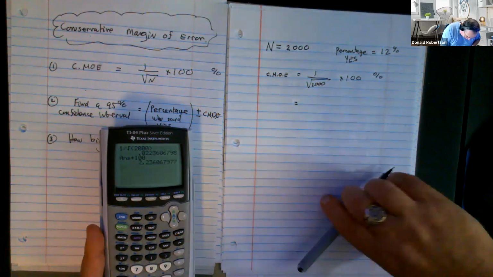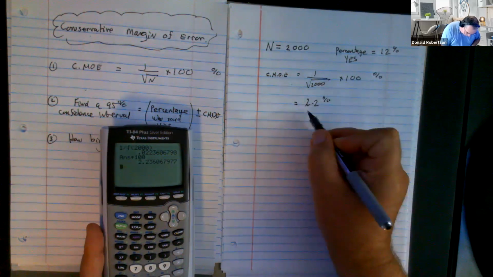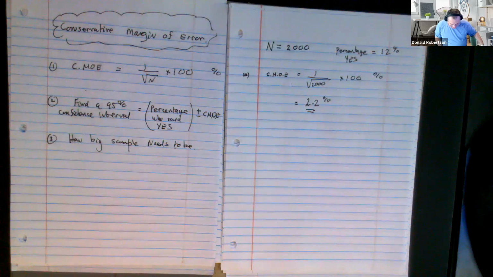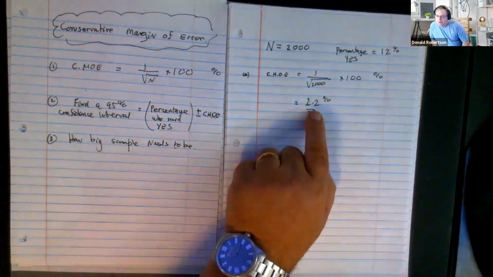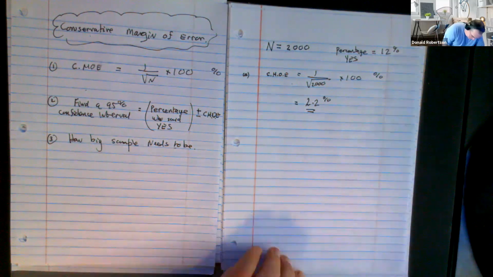I'm just going to round it off to 1 decimal place. So that's 2.2%. If question A had been find the conservative margin of error, the answer would be 2.2%. That's the kind of thing you hear on the TV when they do polls to do with who's going to be elected. The Conservative guy got 29% and the margin of error was 2.2%, that kind of information.